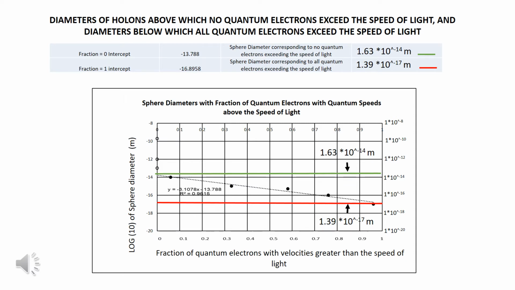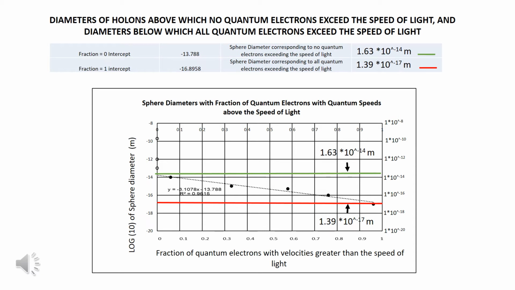Holons with extensions between 1.63 times 10 to the minus 14 and 1.39 times 10 to the minus 17 lose some of their quantum holons, so their boundaries are unstable.